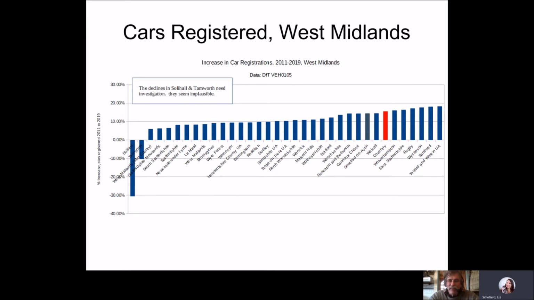And there you go. You see Coventry is over to the right. It's got a pretty good increase in the number of cars, but it's not very different from other places, Rugby or Wolverhampton or East Staffordshire, or Solihull. There's nothing really special happening in Coventry. So once again, no sign of a population bubble. Next slide, please.